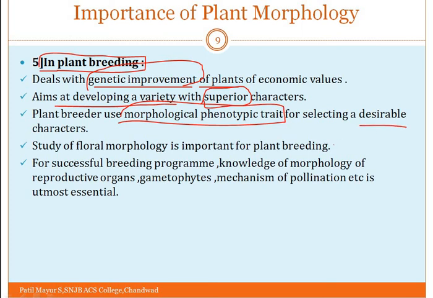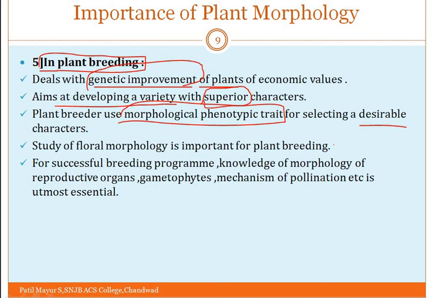It is obvious that if you want to produce a mango variety with a larger size and sweet taste, then we will select two different plants based on the characteristics they have. Large size is a morphological character. Sweetness is one character, but we can take another character, the number of fruits per plant.